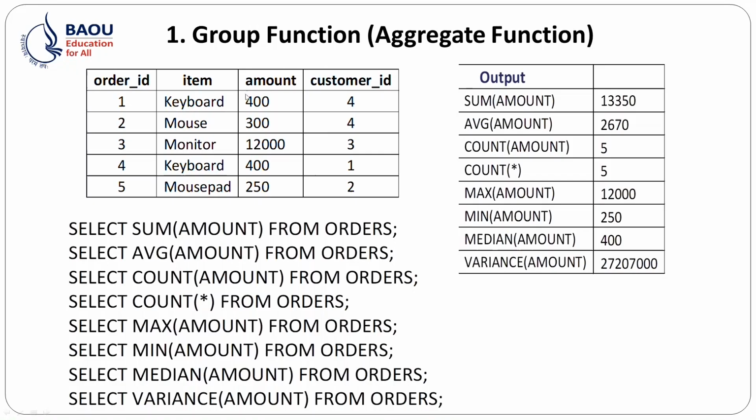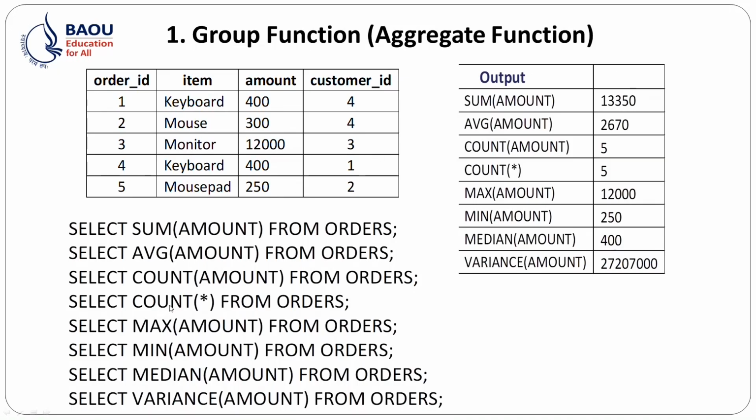So, it finds the average of the amount column values and gives the output. Now the count: SELECT COUNT(amount) FROM orders. The count function counts the number of values without null.